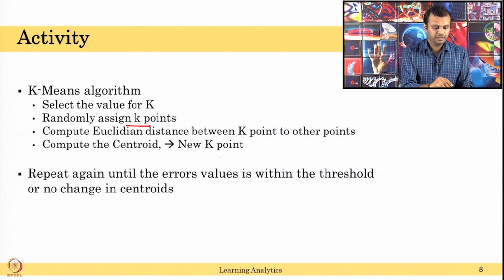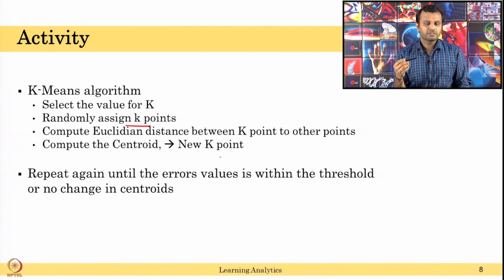Repeat this process again until you see the error value is very small, there is no change, or you have set 100 iterations or 50 iterations. So, repeat computing the Euclidean distance and computing the centroid again and again until you reach no change in the centroids or the number of iterations is reached, okay.